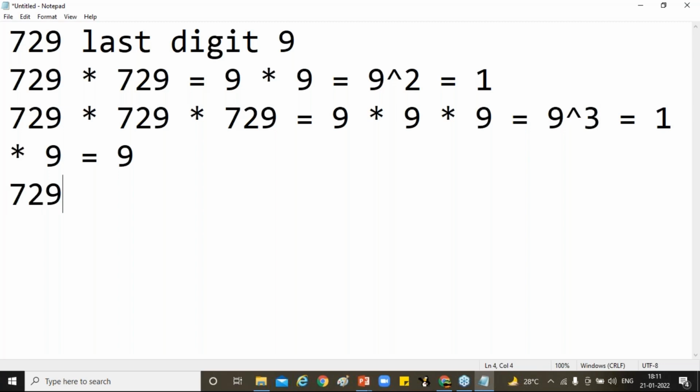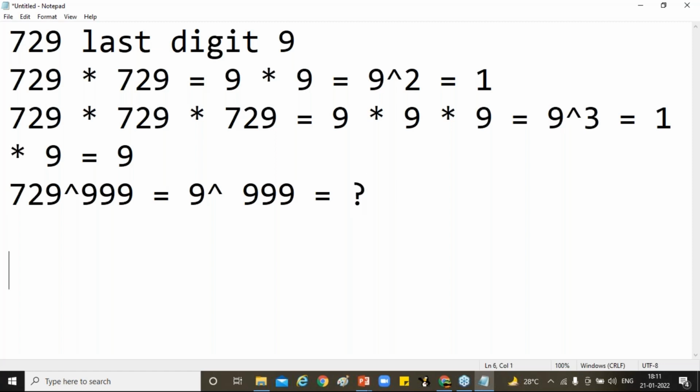If they give 729 power 999, the last digit depends on 9 power 999. Is it possible to get the answer easily? 9 into 9 into 9 into 9 and so on up to 999 times. So this is our concept.